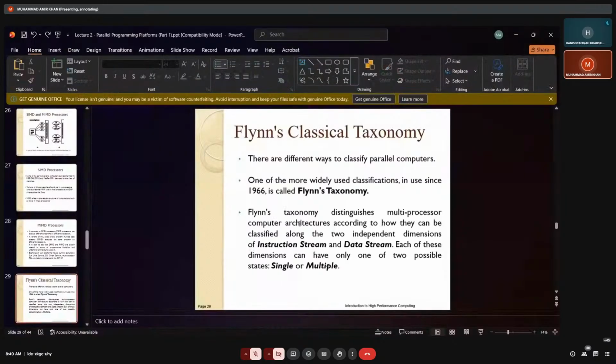Flynn taxonomy distinguishes multiprocessor computer architecture according to how it can be classified along the two independent dimensions of instruction stream and data stream. Each of these dimensions can have only one of two possible states, single state or multiple state.